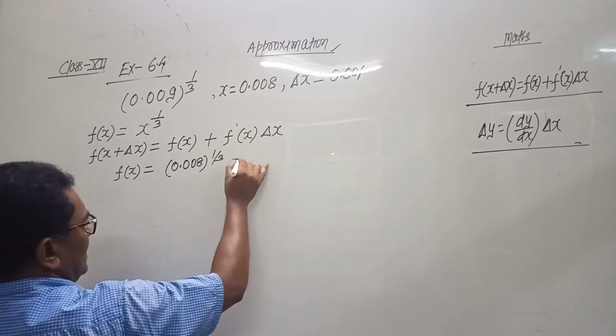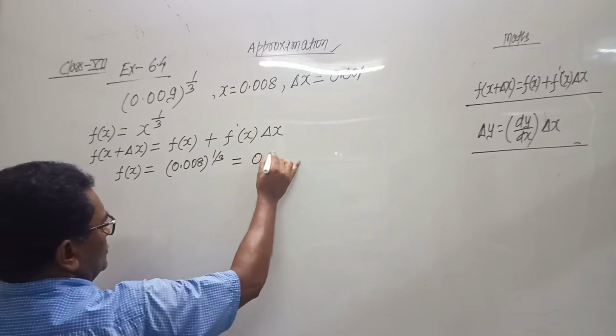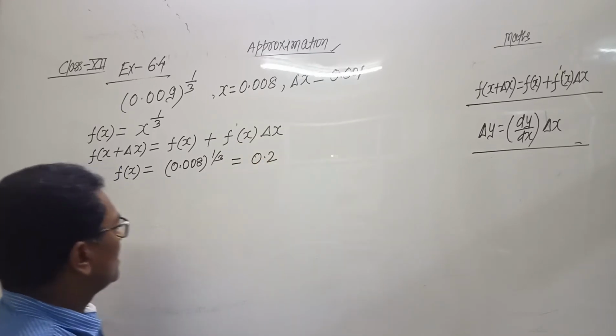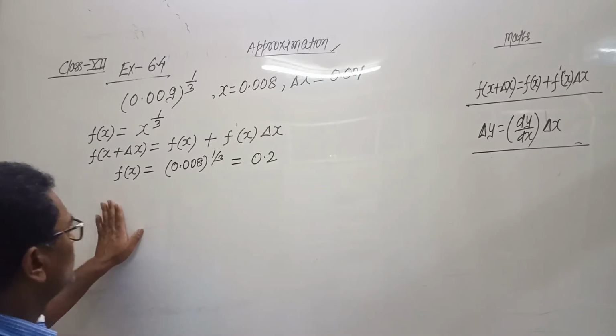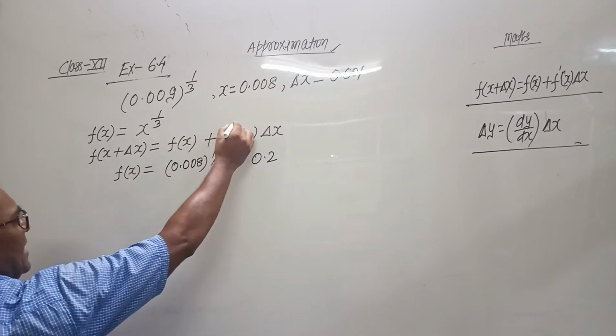So it will be 0.2. Now we have to find f dash x.